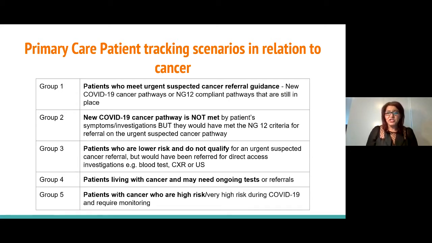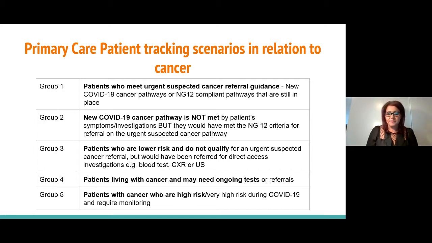So they are patients who meet the suspected cancer guidance, and either the new ones that have come out. So we've all got two templates sitting side by side. Some are COVID superseded by the older ones, and at the moment in our practice, certainly some of the specialist areas are flitting between the two. But group 1 are for all patients who fit the COVID cancer pathway or the traditional NG12 compliant pathways.